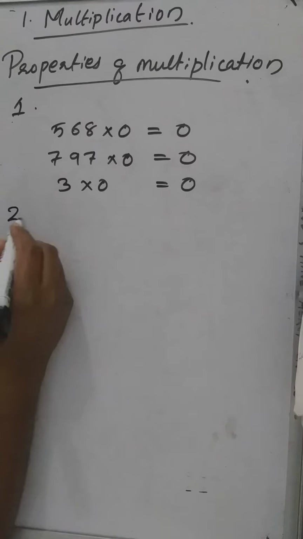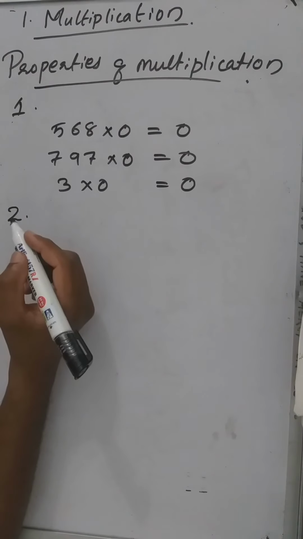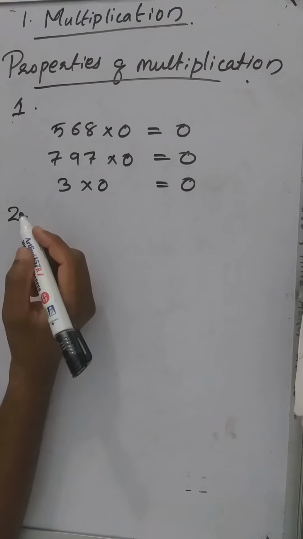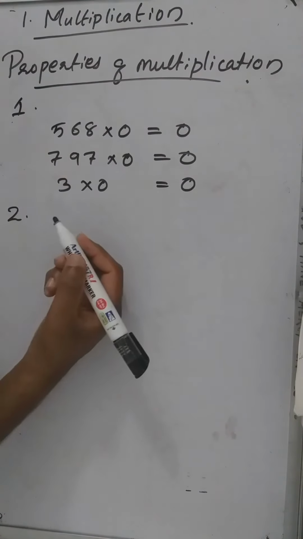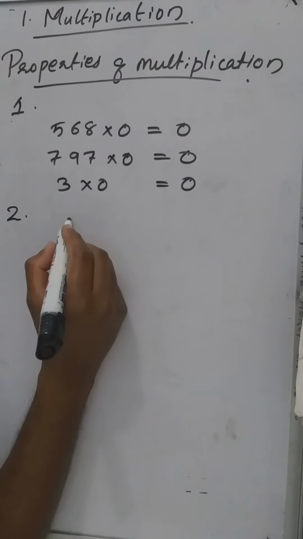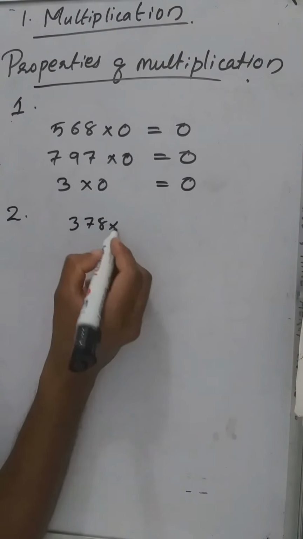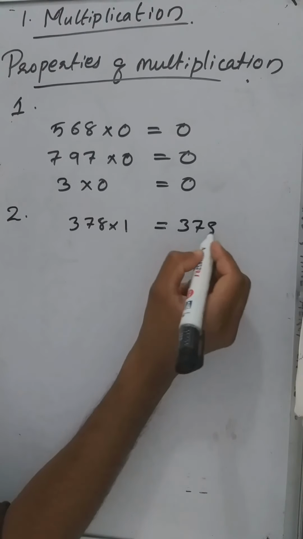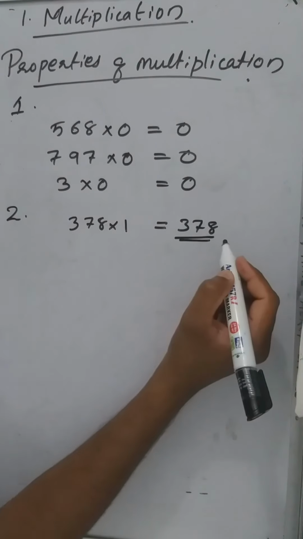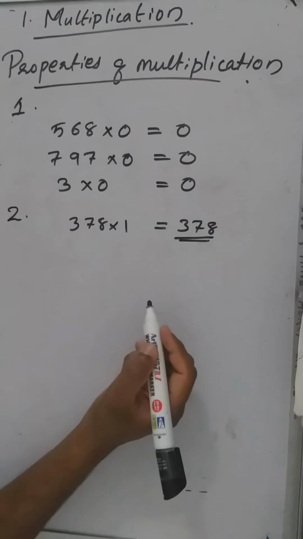Then the second property says if you multiply any number by 1, the answer is the same number itself. So if you multiply 378 by 1, the answer is also 378. The value of the number will not change if you multiply by 1.